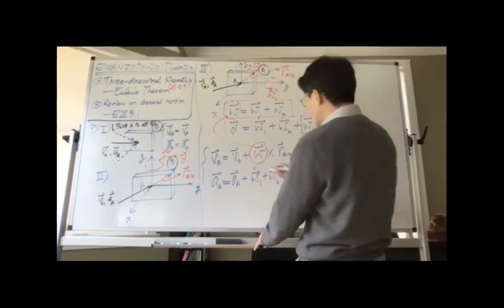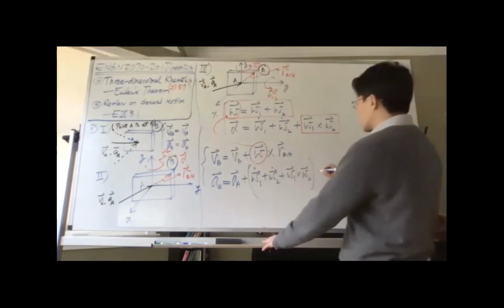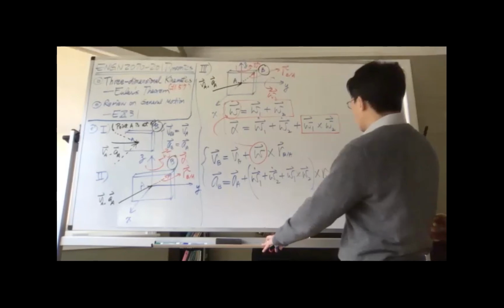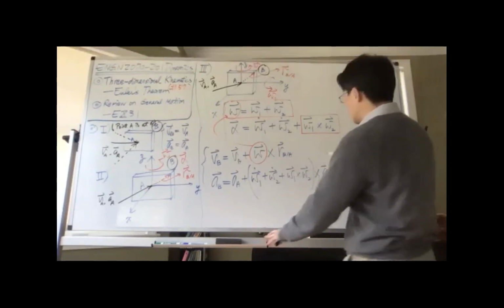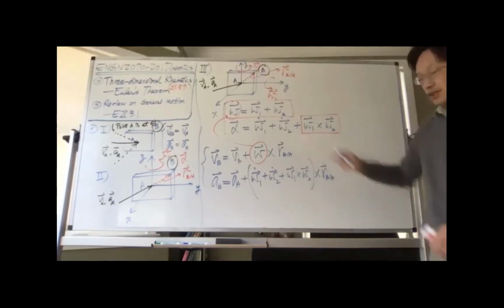Now this whole thing, as you know, is alpha, right? So this cross RBA, like this. So that's the first term.